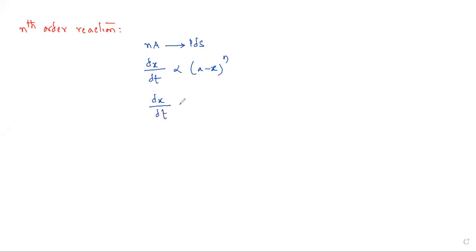So dx by dt is equal to kn into a minus x to the power n. Then this can be written as dx by a minus x to the power n is equal to kn into dt.